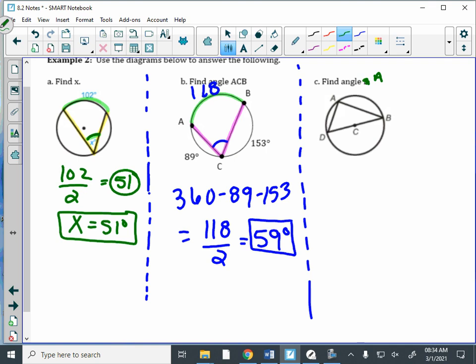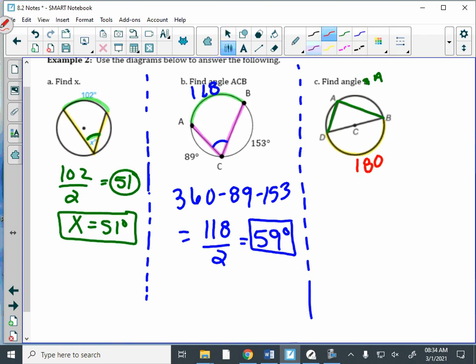If we take a look at A, angle. When the angle's missing, go to the arc. What type of arc is that? It's half a circle. It's a semicircle, so it's how much? 180.